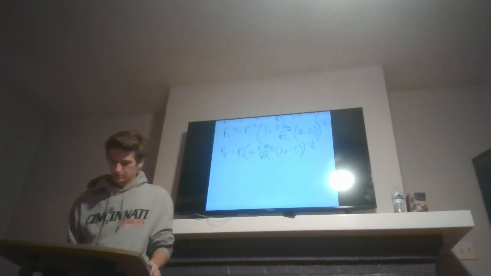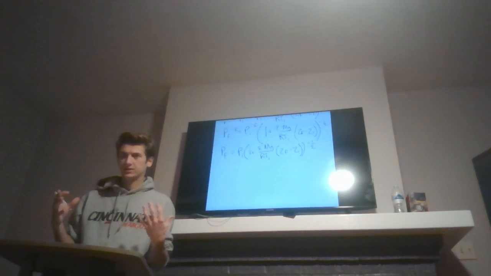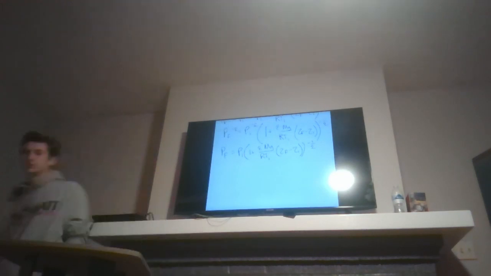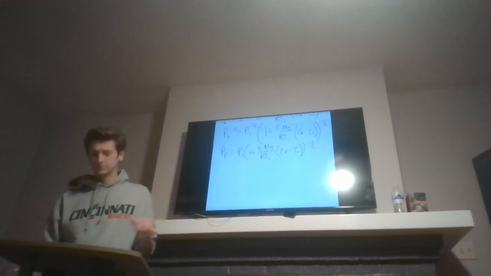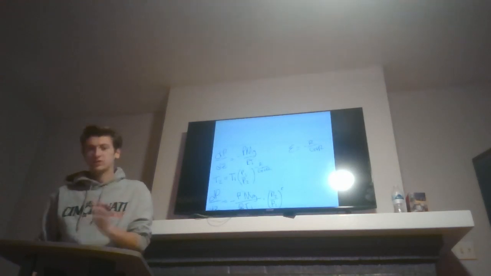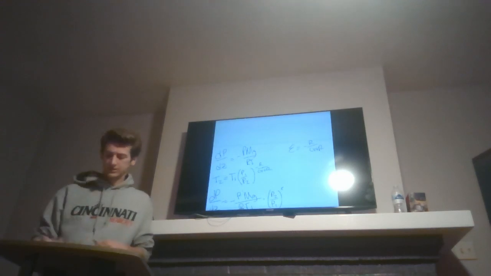Alrighty, let's clean it up just a little bit. We're going to put in negative R over CV plus R. We're going to substitute that in for epsilon, and it'll clean it up at the end there.